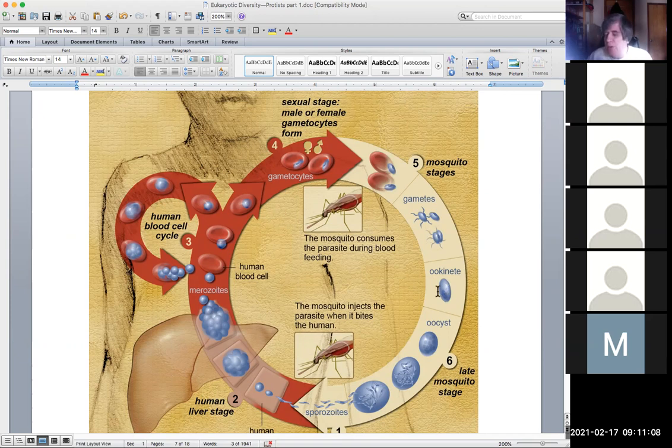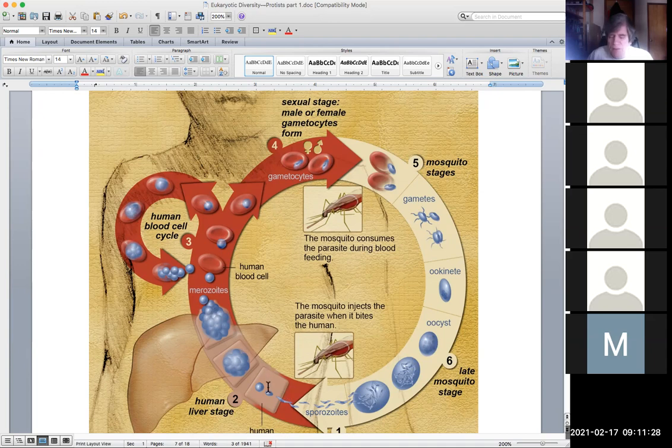They get into the mosquito blood and they travel to the salivary glands. And while they're traveling to the salivary glands and while they're in the salivary glands, this ookinete develops into an oocyst, and the oocyst makes sporozoites. So we're back where we were.